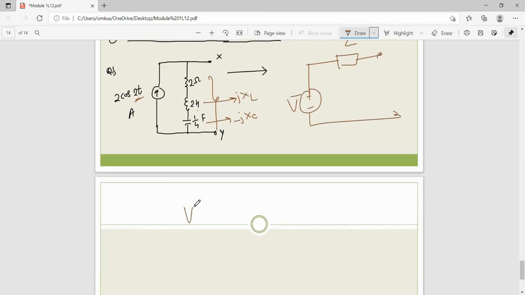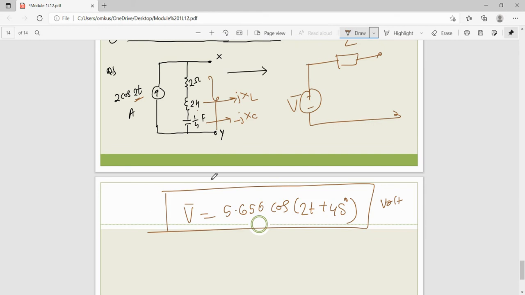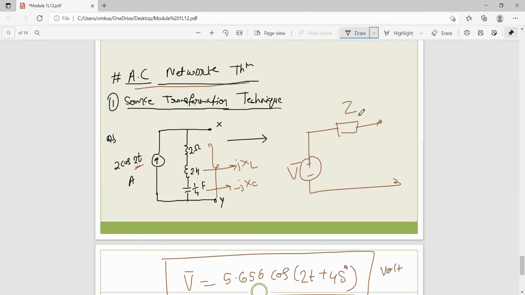Here this voltage you will get is 5.656 cos of 2t plus 45 volts. And the value of Z you will get is equal to 2 plus 2j.